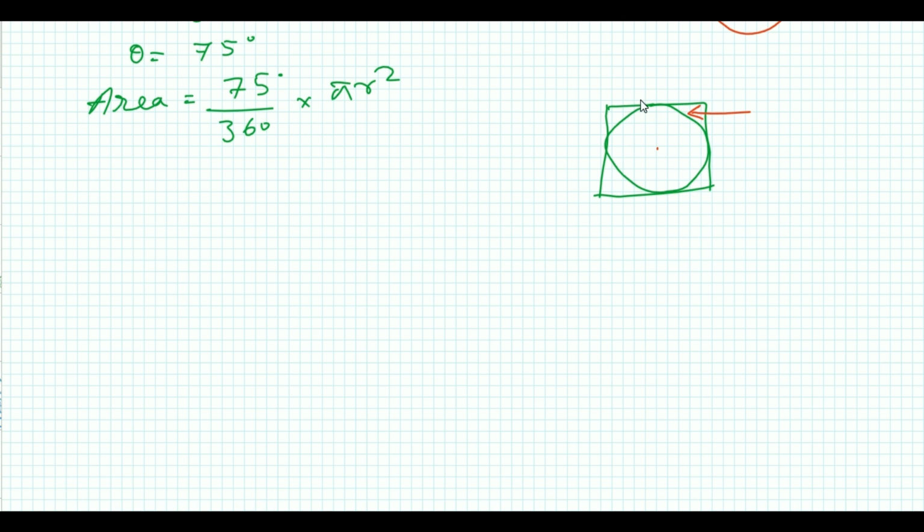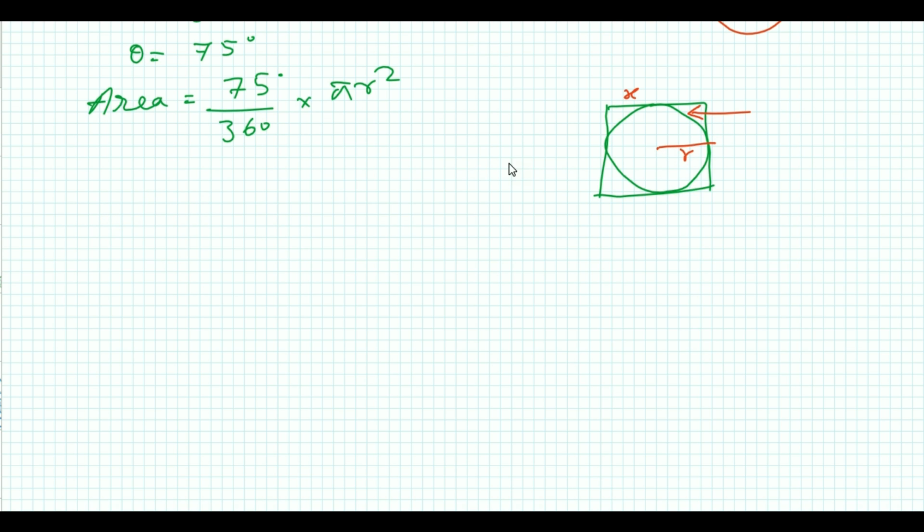Suppose the side of the square is given as x, or it is given that the radius of the circle is r or 5 centimeter. In most cases the radius of the circle is given and you are required to find the area of this portion. So how will you find this one?